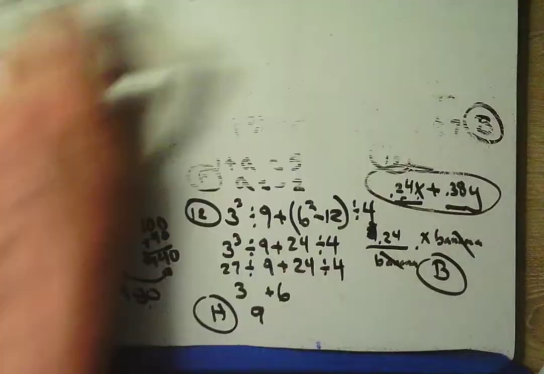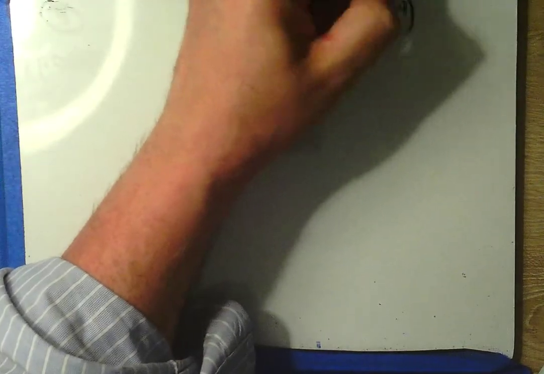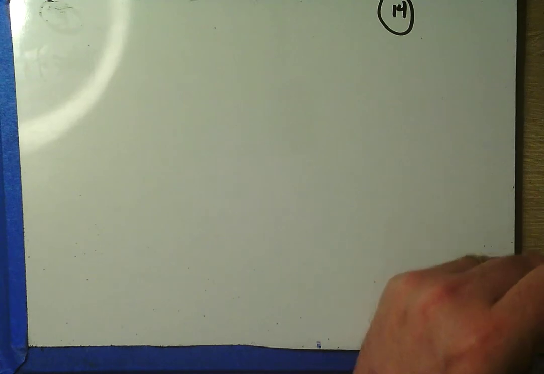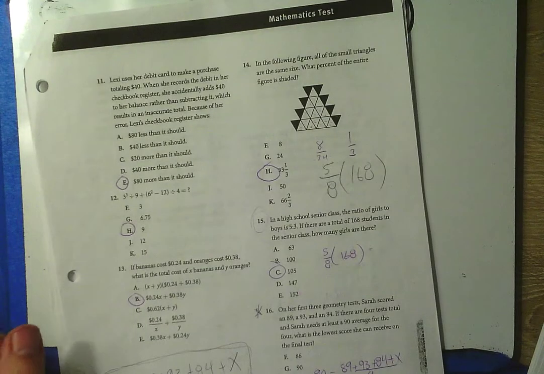Okay, 13 done. Let's take a look at 14. Ooh, 14 comes with a picture. What percent of the entire figure is shaded? Well, let's count how many boxes there are total.